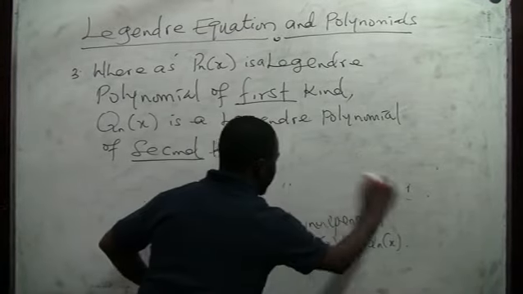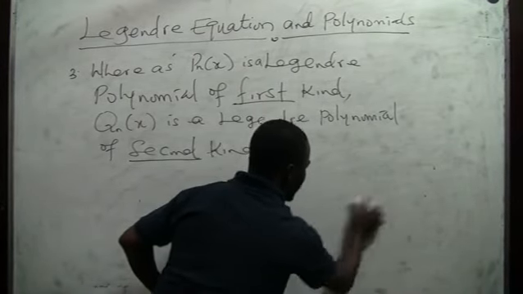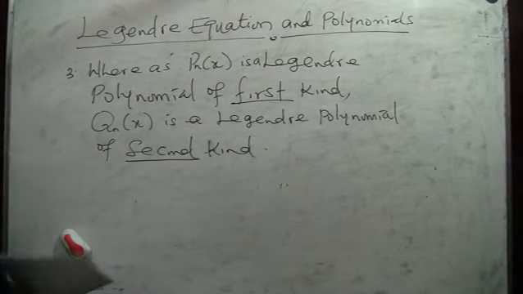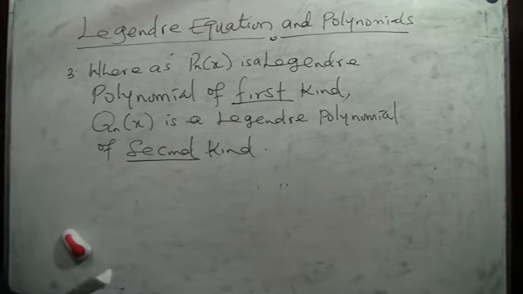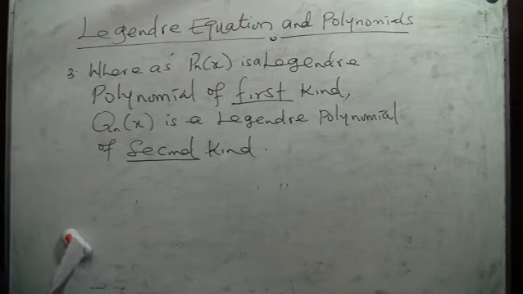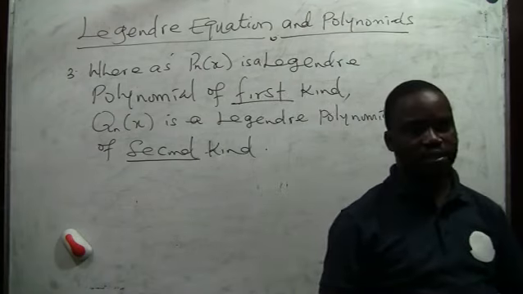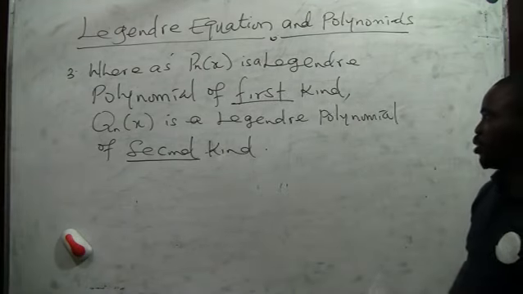Now, the next question we need to ask ourselves is, how do we obtain the two solutions, the Legendre polynomial of the first kind and the Legendre polynomial of the second kind? Very simple and straightforward.